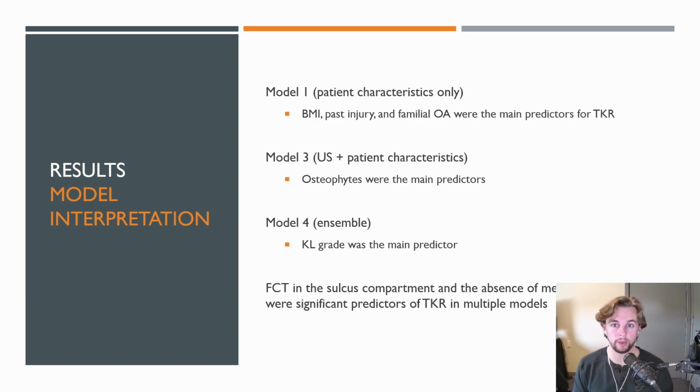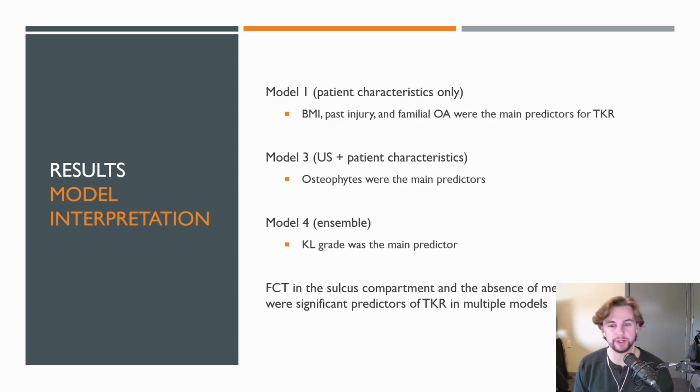In model 1, the most significant predictors were BMI, past injury, and familial OA. In model 3, osteophytes were the main predictor, and then in model 4, KL grade was the main predictor.